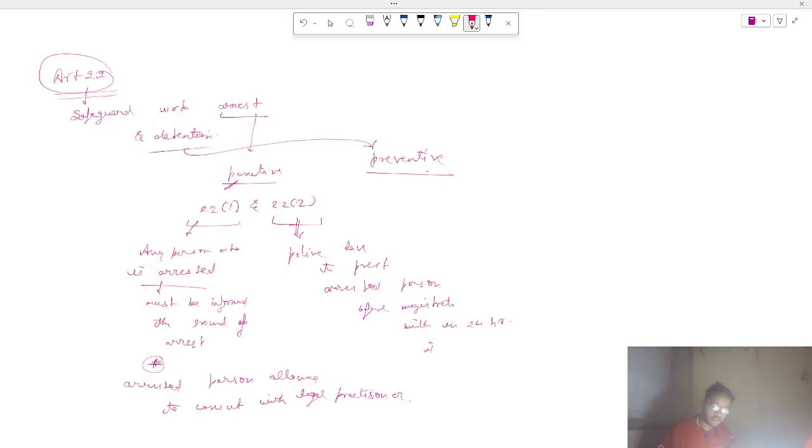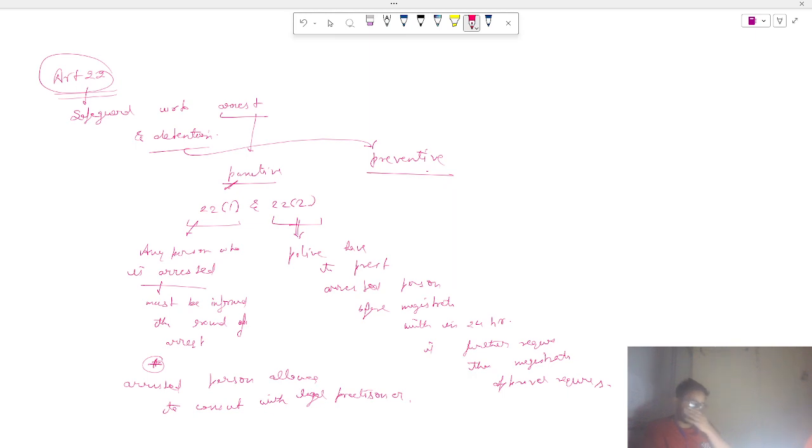If further custody is required, the magistrate's approval is required. So if police have arrested a person, it is the duty of the police to present the person before the magistrate within 24 hours, excluding holidays and the time taken by travel.